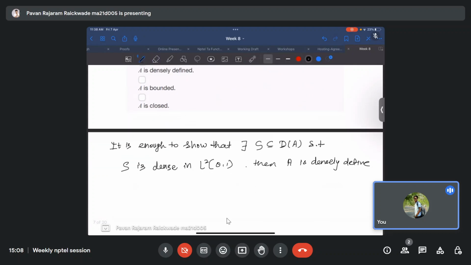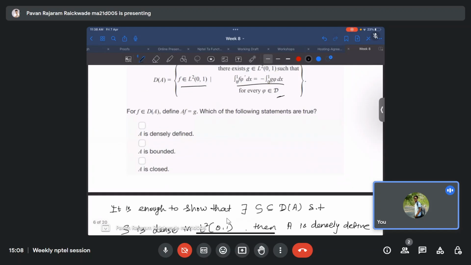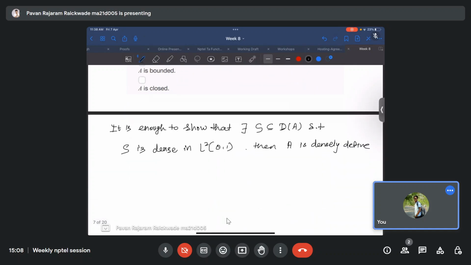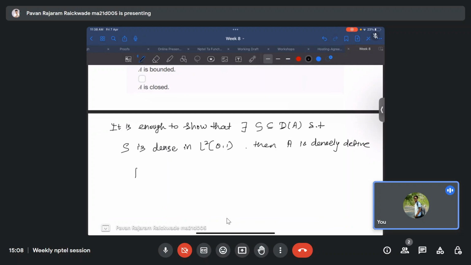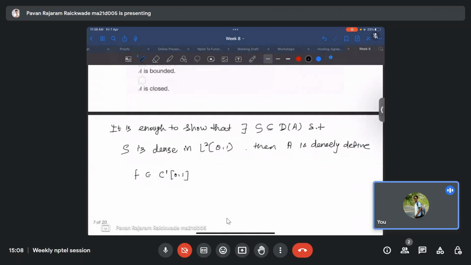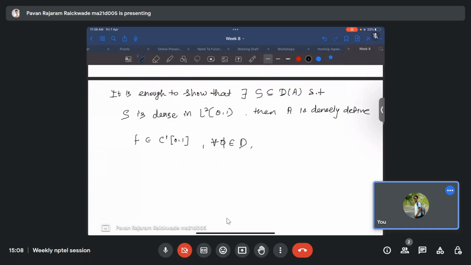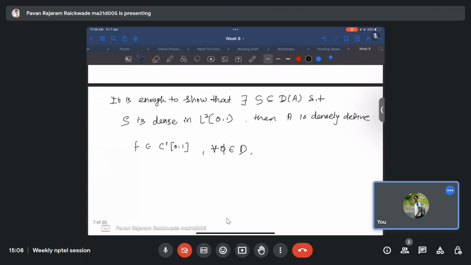So the immediate dense subset of L2(0,1) we can think of is C1(0,1), because differentials are involved here, and this is going to be just a differential operator, as you will see. So take f belonging to C1(0,1), and calculate for any phi belonging to script D the integral from 0 to 1 of f phi dash.